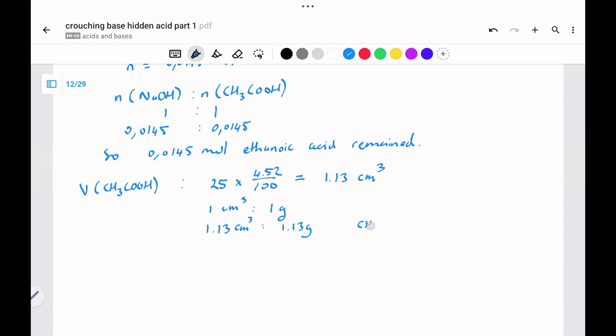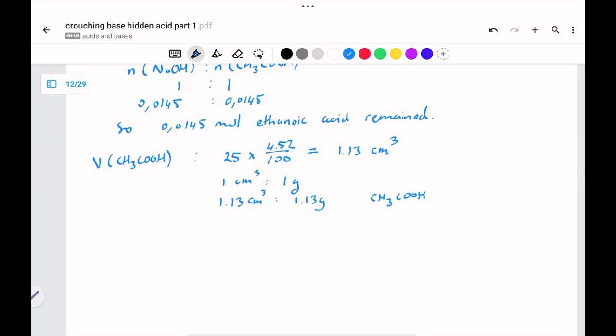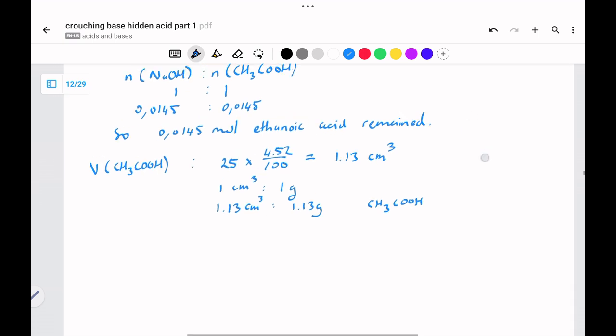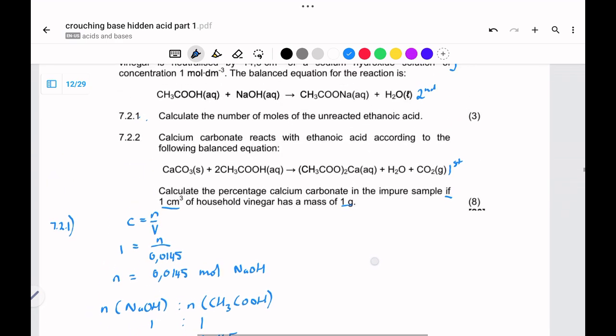of ethanoic acid. This is, for those of you wondering, suspect. These figures are cooked up, but we're going to ignore that. Okay, so now we have an initial mass for our acid.